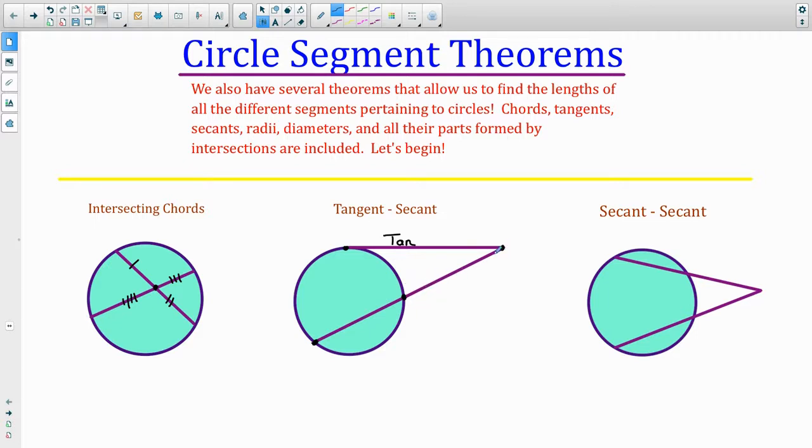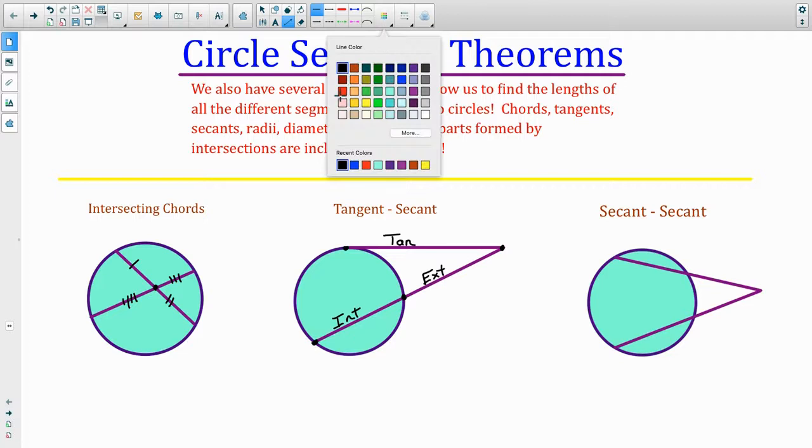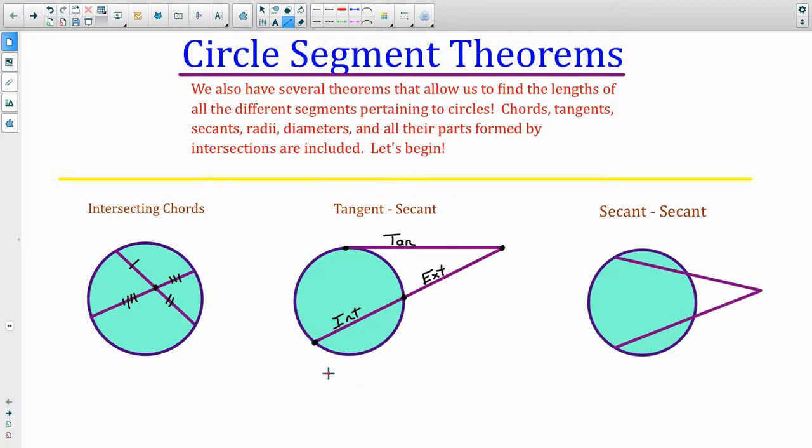The part of the secant which is outside of the circle, we're going to refer to as its exterior part. The part of the secant that's inside the circle will be its interior part. But of course, we're also going to be referring to the entire secant. So I'm going to put another line up here just so we could see that, because I do that a lot when I'm doing these problems.